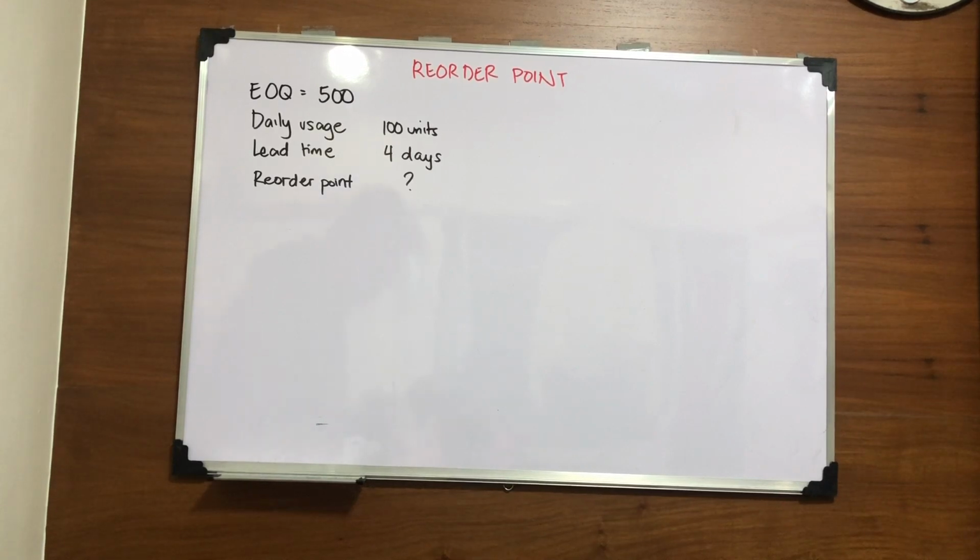Reorder point. So a while ago, we've determined the concept of EOQ. So this is the continuation of the determination of EOQ. So once the EOQ has been determined, management must decide when to place the order, and the order point must be established. If the lead time and the inventory usage are known, determination of the order point is easy.